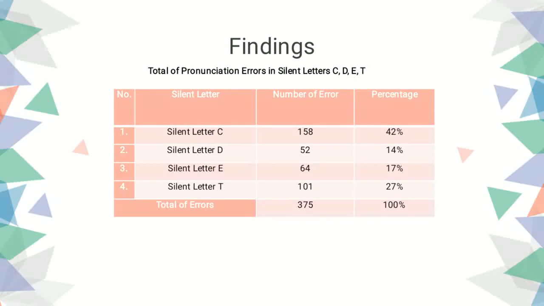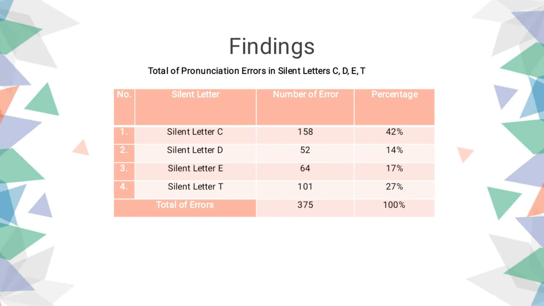Next, about findings. Based on the result of the pronunciation test, there are 1,120 pronunciations made by students, and from the total of pronunciations, there were 375 errors made by students. In silent letter C, there are 158 errors with the percentage of 42%.